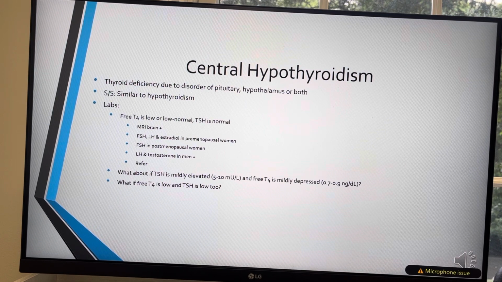If it's high or high-end normal, that's subclinical hyperthyroidism. But if the free T3 is normal or low normal, that can be central hypothyroidism. Either way, you need to get endocrinology involved. I think that's my main take-home point here. Central hypothyroidism, consider doing an MRI of the brain, but get endocrinology involved. And that's when the free T4 is low or low normal, but the TSH usually is normal.